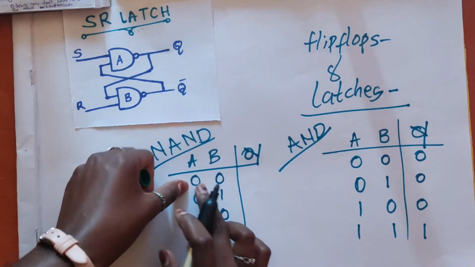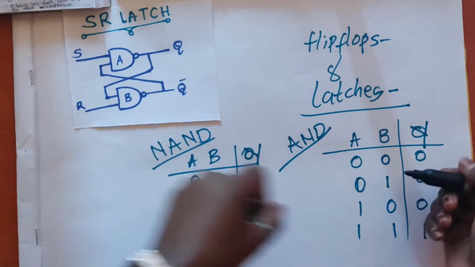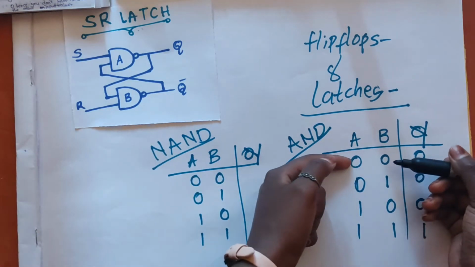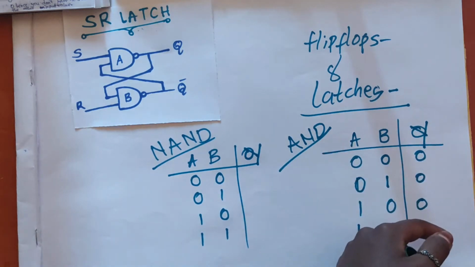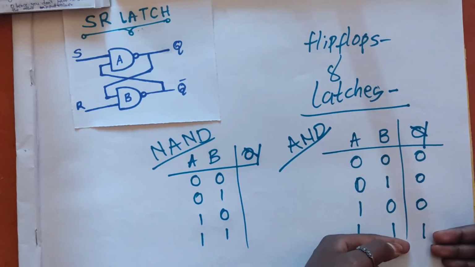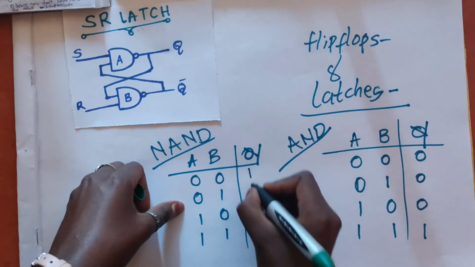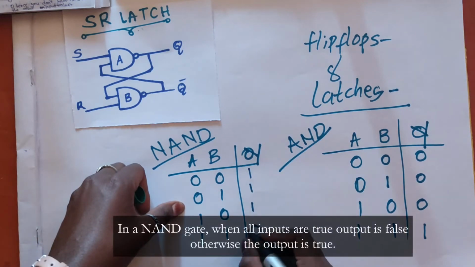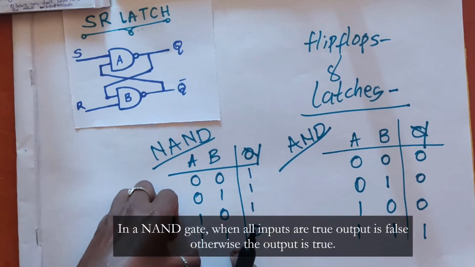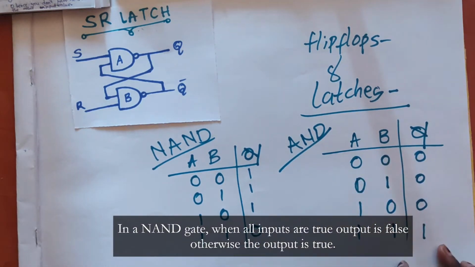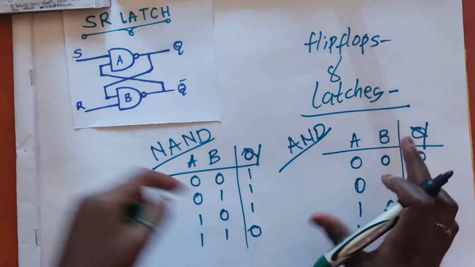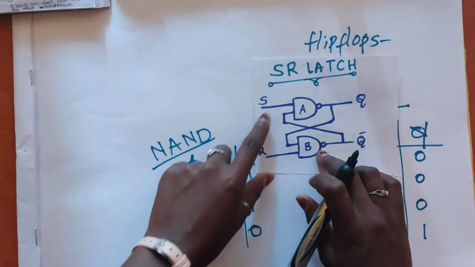In the AND gate, when both inputs are on, we have an on. So you just reverse this, and this will be 1, 1, 1, and 0. When both are on in NAND, it's not AND. You just reverse the value that is there. That's the logic we're using for this.